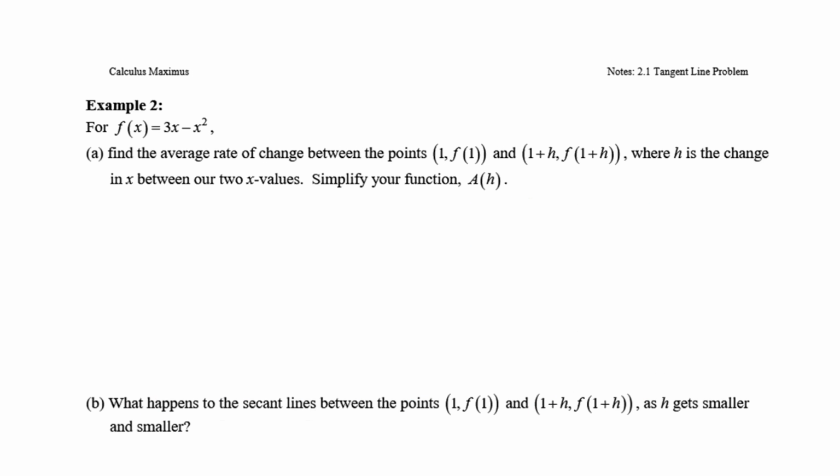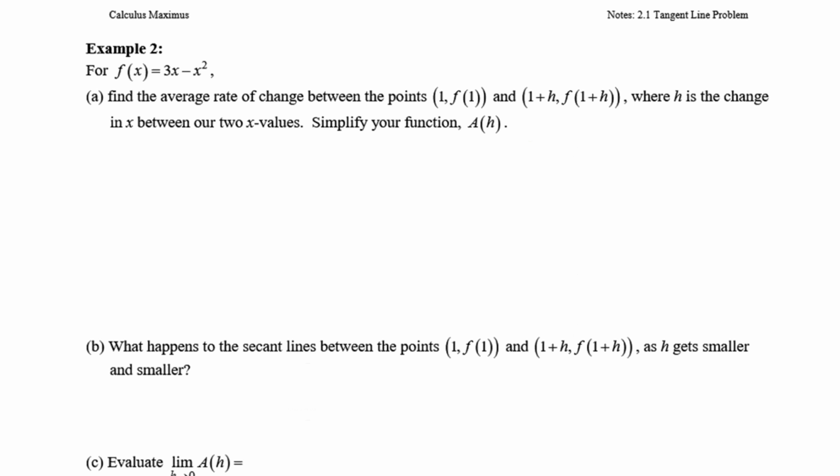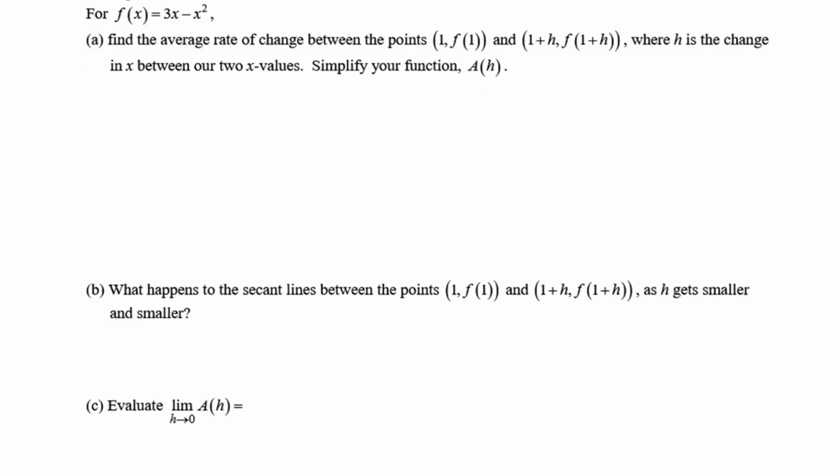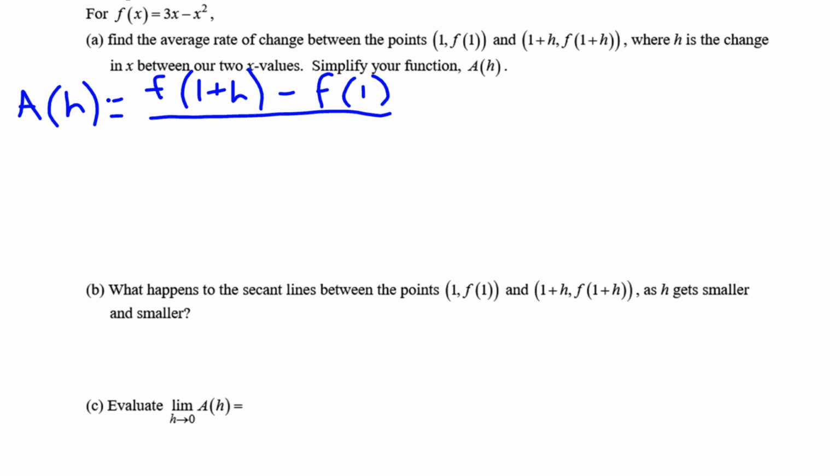So now we're going to find the average rate of change, and remember that's just slope, between the points where x is 1 and x is 1 plus a little bit. We're going to call that little bit h. So our average rate of change between the 2 points is y2 minus y1 over x2 minus x1.